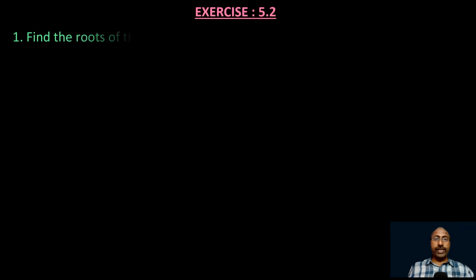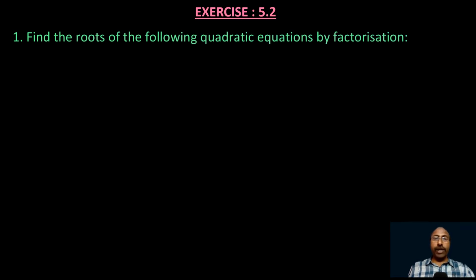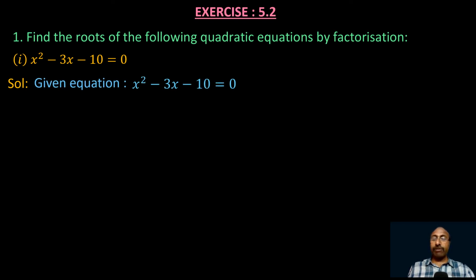So the first question is, find the roots of the following quadratic equations by factorization. In this problem, we have the first one, x square minus 3x minus 10 equal to 0. So we have to find the solutions of the quadratic equation x square minus 3x minus 10 equal to 0 using factorization method. Let us take the given equation, x square minus 3x minus 10 equal to 0.